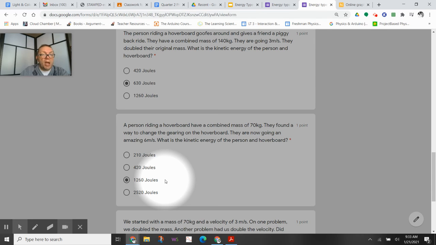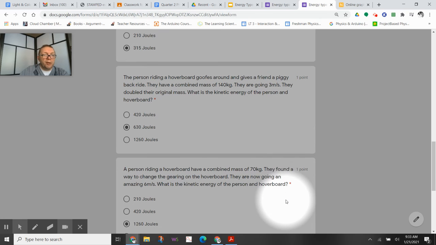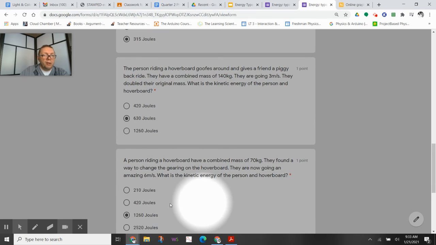The velocity does seem to have a bigger impact, right? When we doubled the mass, we just flat out doubled the energy. When we doubled the velocity, we actually quadrupled the energy from 315 all the way up to 1260. Right.